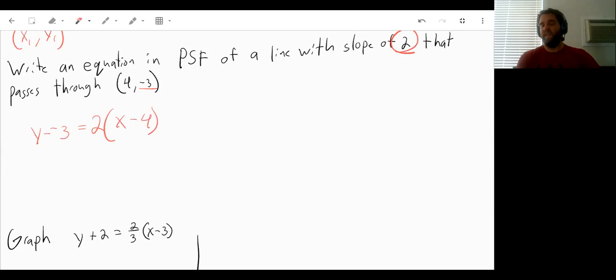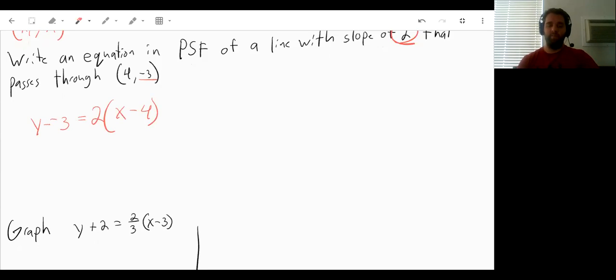You're done. That's it. It's a very easy one to take that information and find an equation of a line for it. And that's all the more there is to writing an equation in point-slope form.